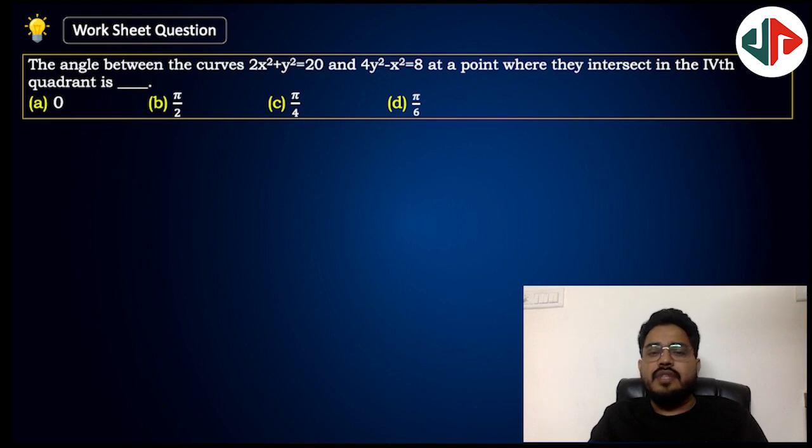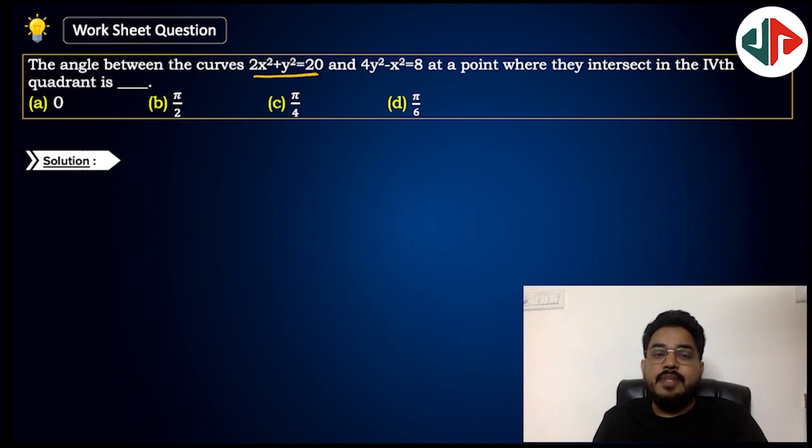Angle between the two curves at any point where they intersect in the fourth quadrant. This is an ellipse. This is a hyperbola. Both are going to intersect in 2 points, but they are asking for the fourth quadrant. So 2x square plus y square is equal to 20.